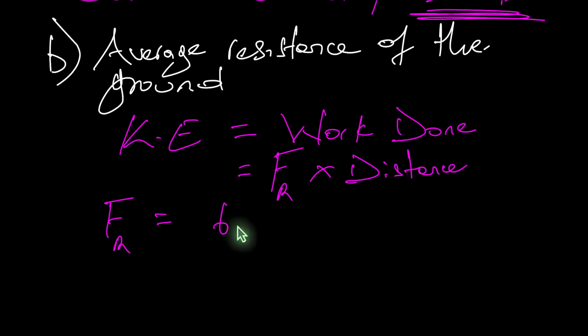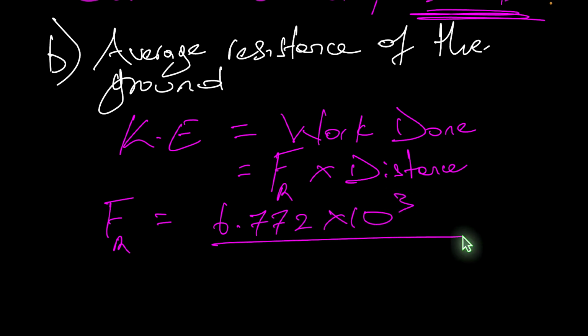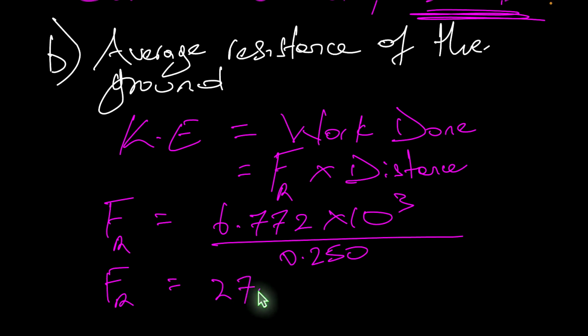So that's 6.772 times 10 to the power of 3 divided by the distance moved, which was 250 millimeters. So to write that in meters, 0.250. So our final answer then for the resisting force is 27.1 kilonewton. So that's representing our resisting force.